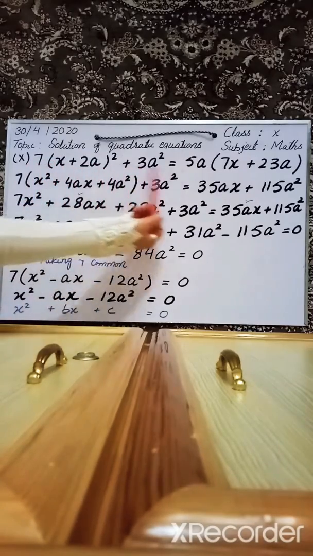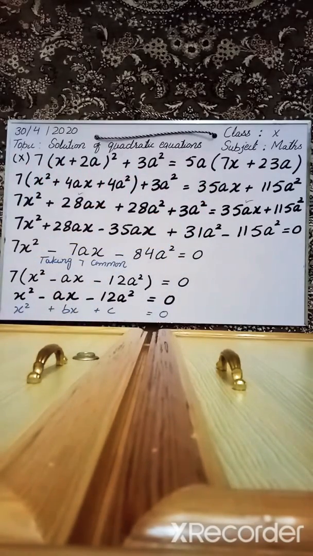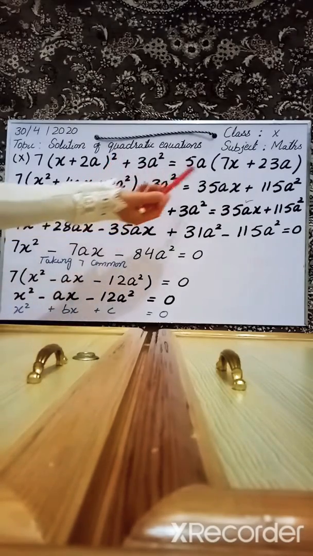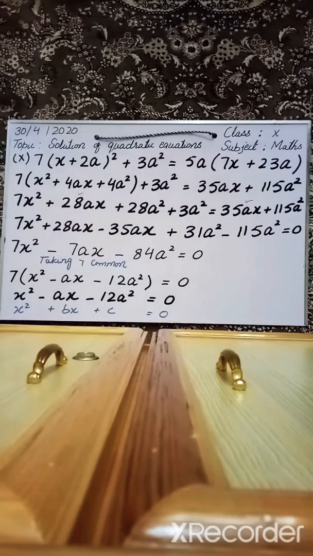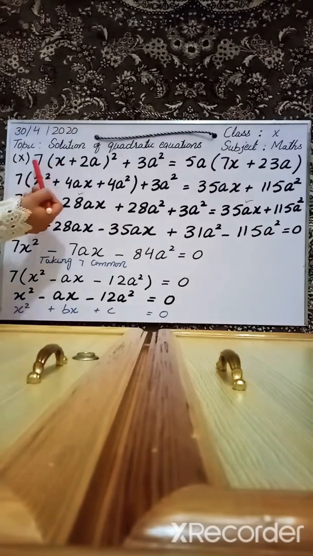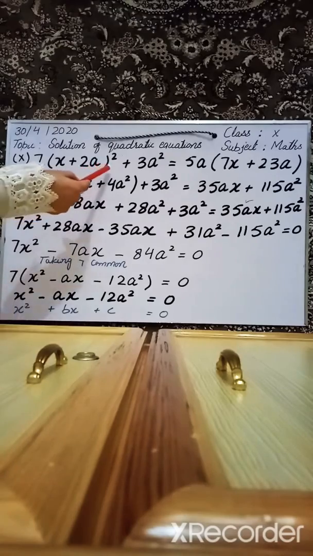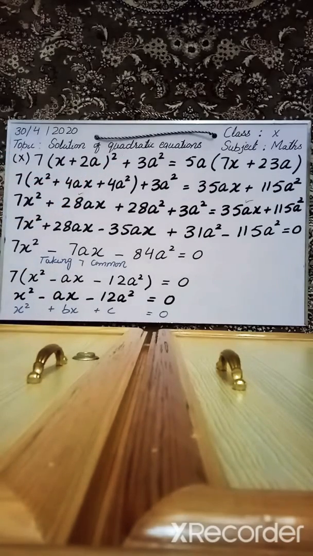So let's see here. Of course, this is not written in standard form. Here we have a round bracket with a square above it, and here also we have a round bracket. So first we will solve the round brackets, and then it can be written in standard form, because in standard form there are no whole squares or brackets. So 7 can be written as it is.